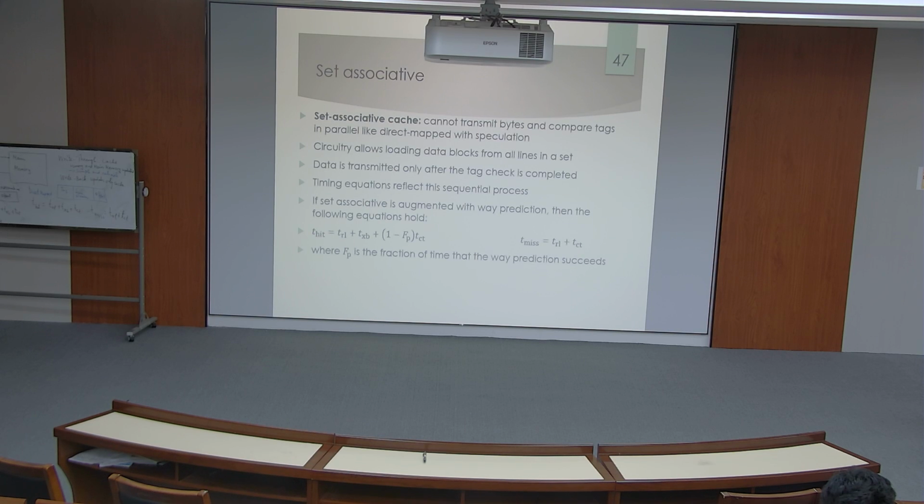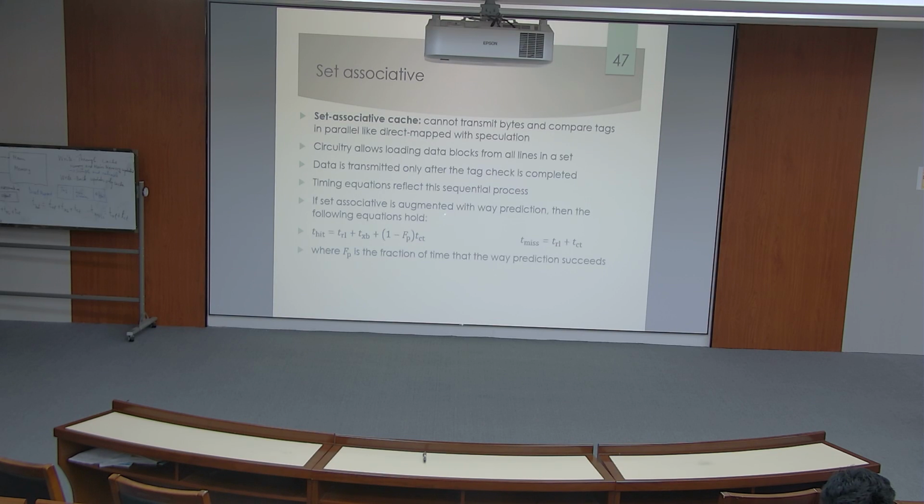The system can return the data for the line number before the tag comparison is done, which can improve the system speed. Now, for set associative, data is transmitted only once the tag check is already completed. So the timing equations reflect this sequential process.